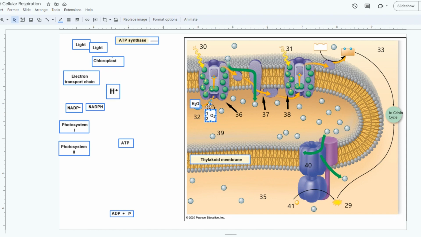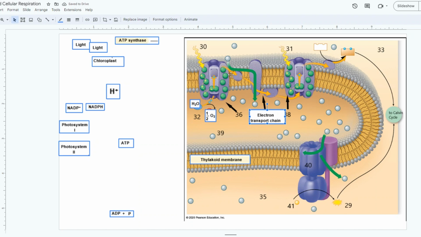Because remember, this is again an oxidation-reduction reaction. It's providing electrons that are fueling this thing, which is the electron transport chain. So, there is our electron transport chain.